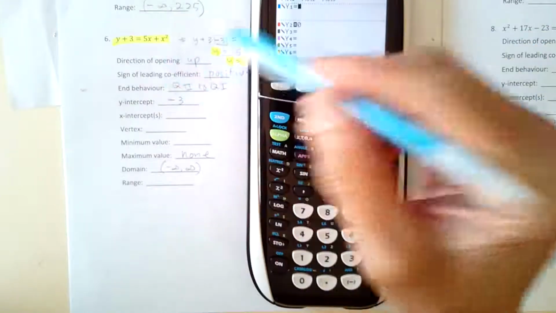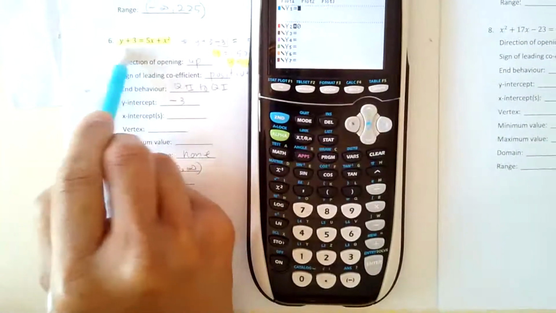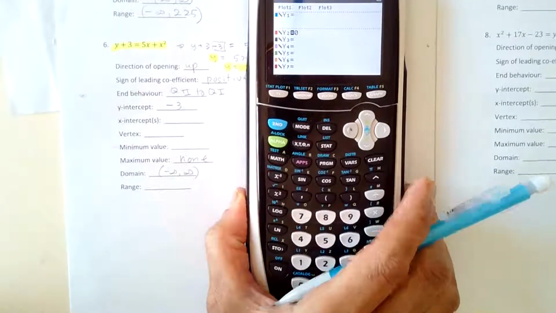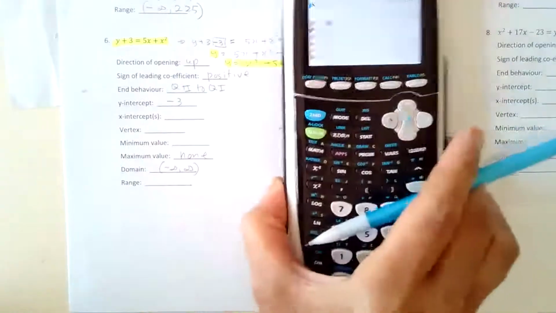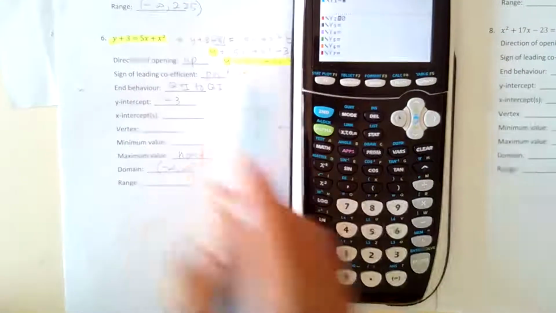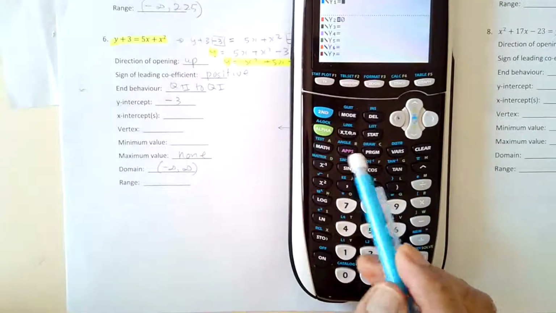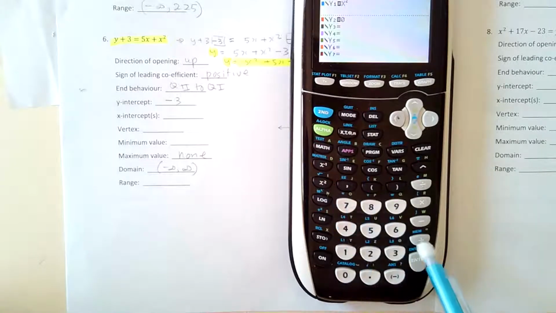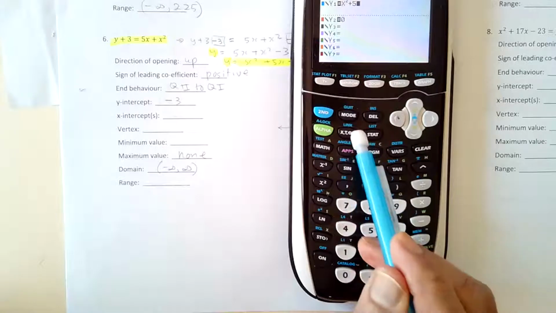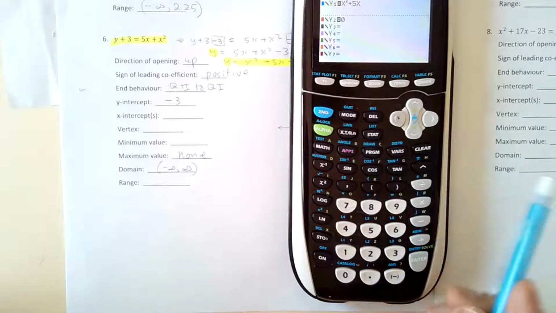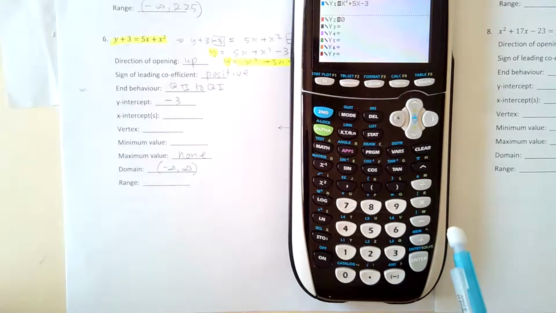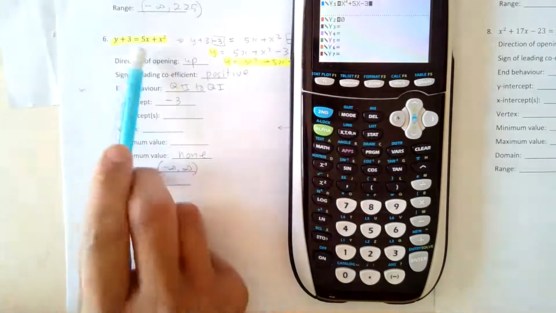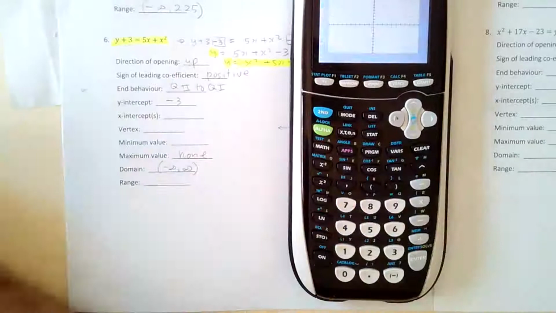Now I'm going to enter this equation. Notice you couldn't have entered the original equation into your graphing calculator. So it's changed in that form. So now here's my new form. It would be x squared plus 5x minus 3. Okay, so now we graph.